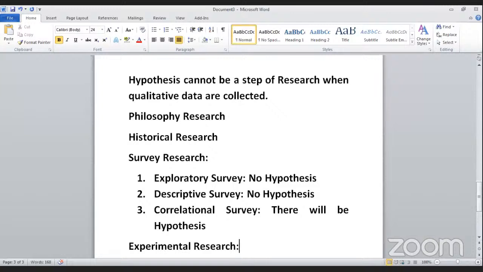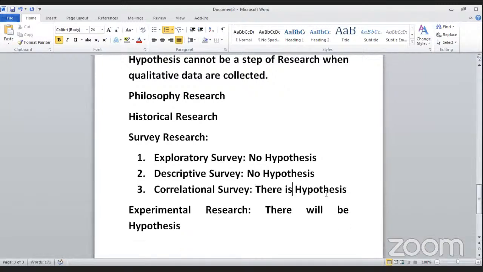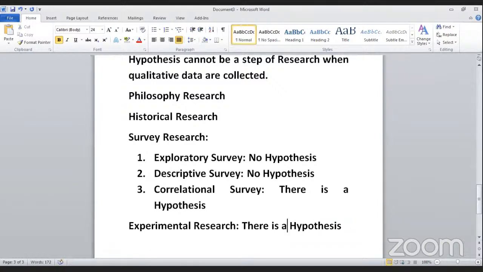So in correlational survey and experimental researches, you must have a hypothesis.